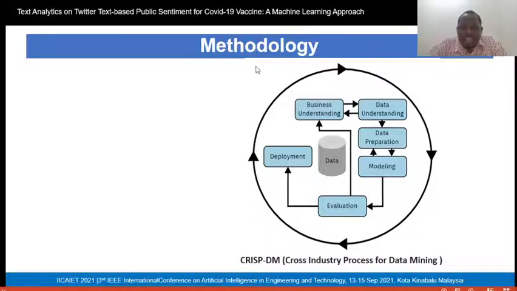So this is the methodology. This is a popular data mining technique used to mine data up to the evaluation of the data. We apply the most popular data mining technique, which is CRISP-DM, cross-industry process for data mining.